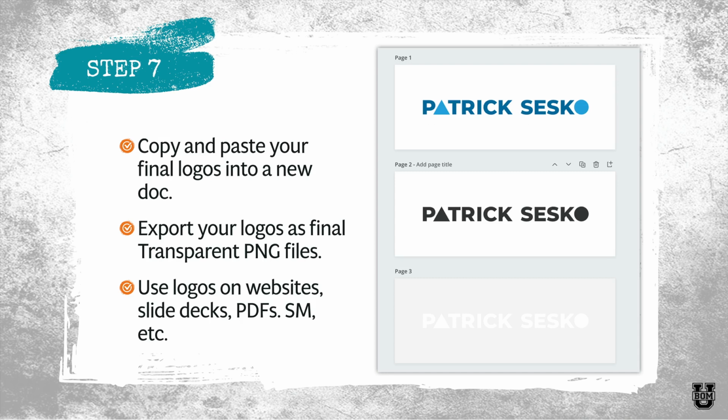And then in step 7, this is how you're going to create actual logo files that you can use to upload to your web pages, your PDFs and all those things, and give to VAs and web developers as part of your brand kit. So copy those final logos, the black version, the white version, and the color version, into a new Canva document. And I want the document to be pretty large.